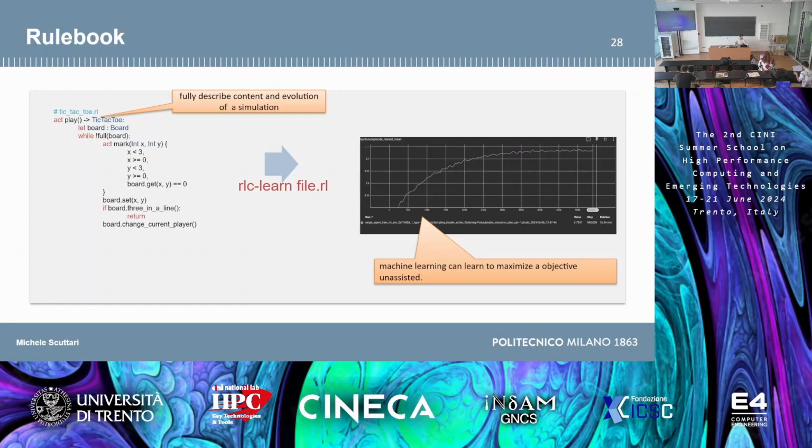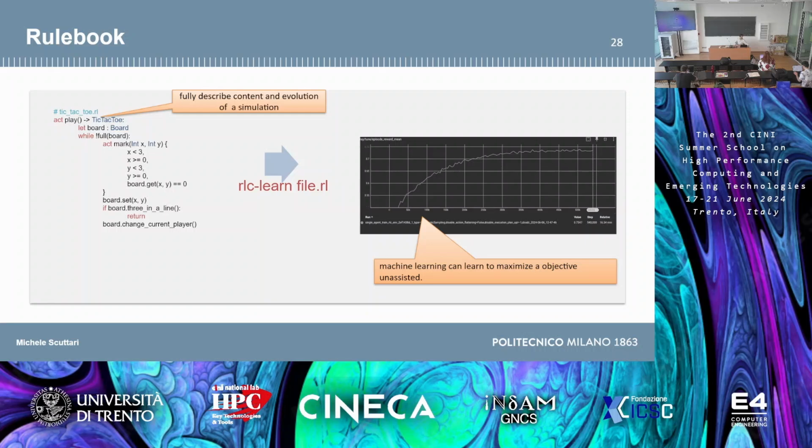What it lets you do is declare, and this is an example of tic-tac-toe, implemented as you would implement it in a computer science 101 class, where you say the rules of tic-tac-toe are: there exists the board, while the board is not full, you can mark a piece of the board.